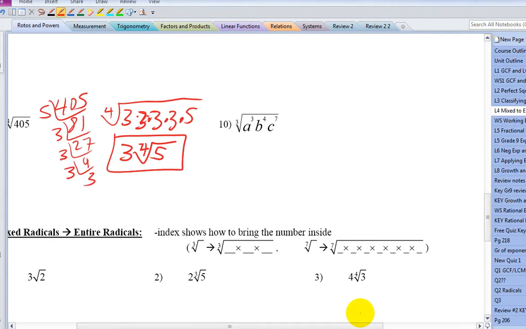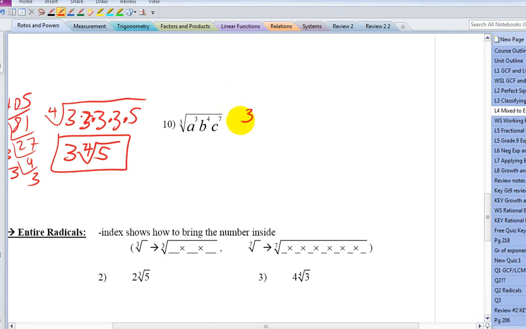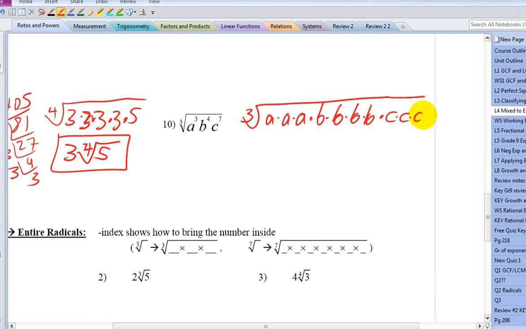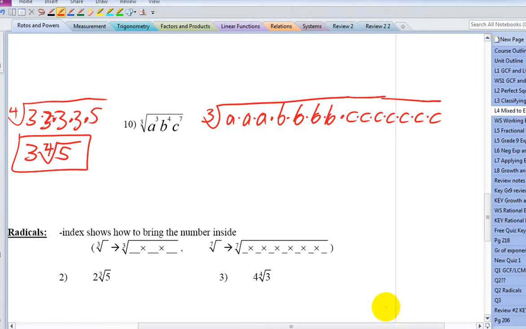Okay. Next one with the letters. It's helpful here to expand it. Do you know what the exponents actually mean? And then there should be 7: 1, 2, 3, 4, 5, 6, 7. Now what are we looking for?